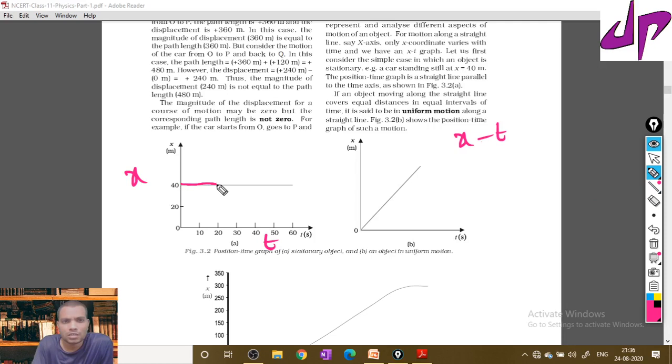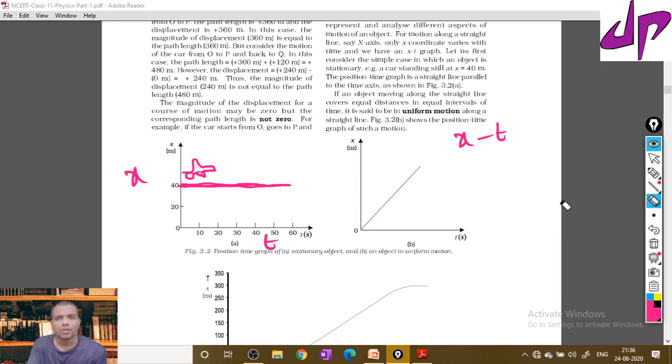The graph is showing a straight line here. If you take the object here, a car, the car is at 40 meters, and when the time increases, the car is not moving at all.